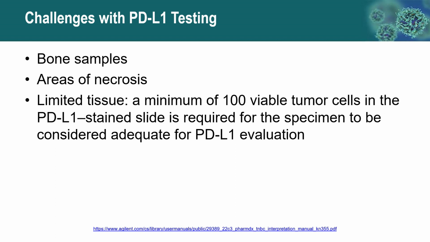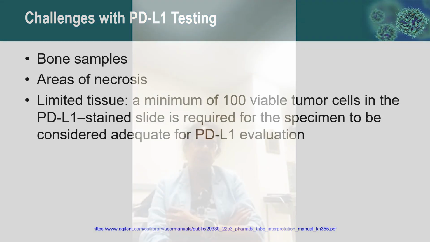And small samples can create a problem to count the number of cells truly to give the scoring system. And sometimes for the CPS, we do not have the lymphocytes, okay? So not much of inflammation that we see in the metastatic setting, and that sometimes can create a problem as well. So these are some of the challenges we have seen.